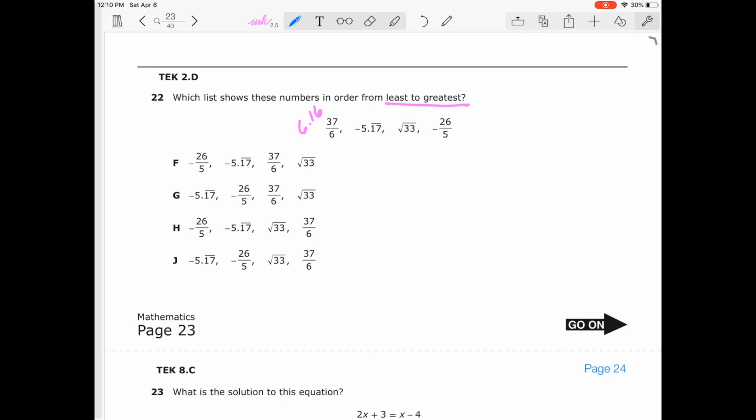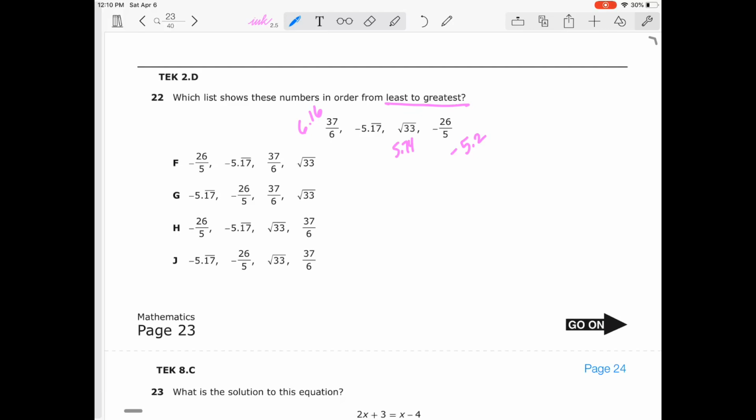Square root of 33 gives me 5.74. And then 26 divided by 5 gives me 5.2, negative 5.2.